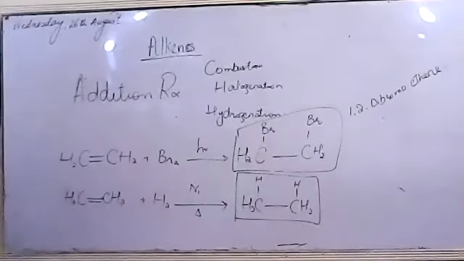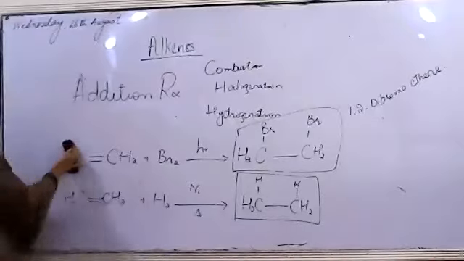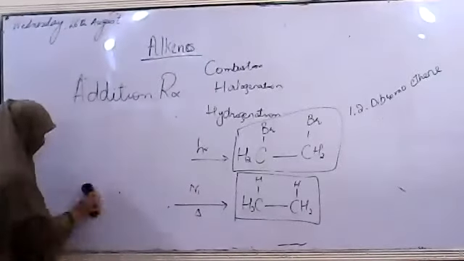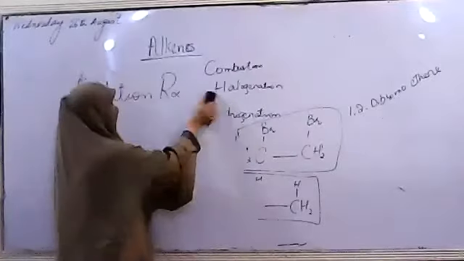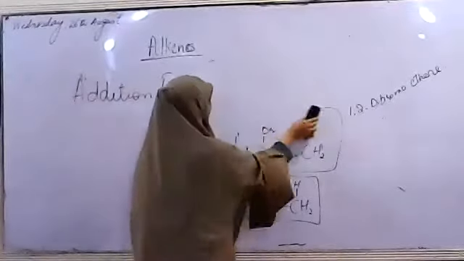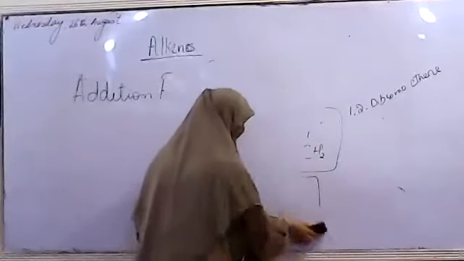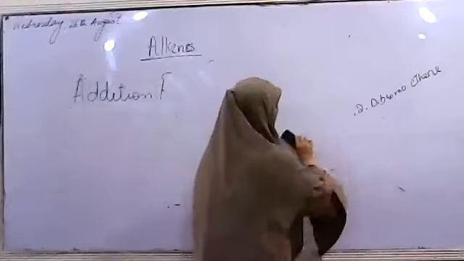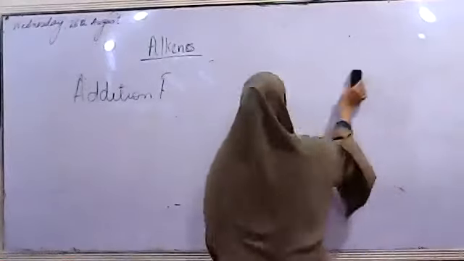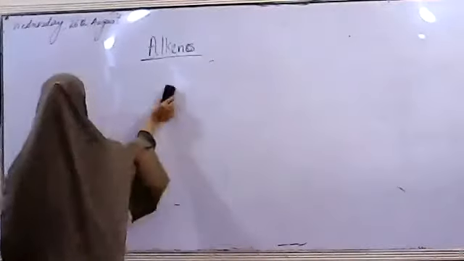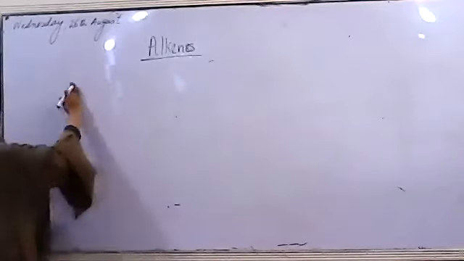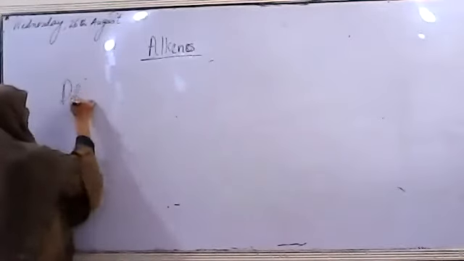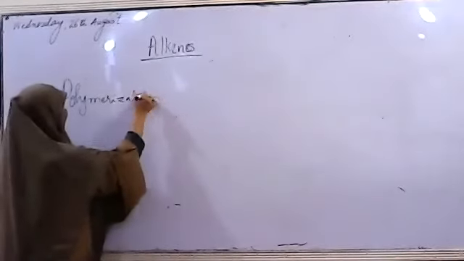Clear? Now moving towards the next topic, you have been given a name called polymerization, that is also operating in the compounds of alkenes. It will be studied in detail in the next chapters. So we are just going to have a simple look at the process, what it is.